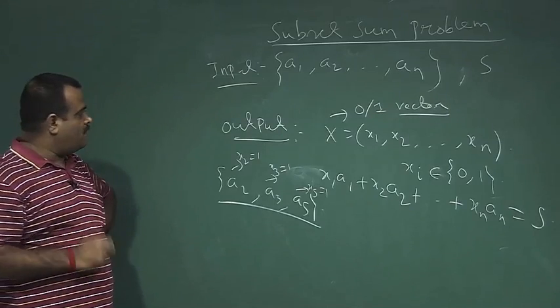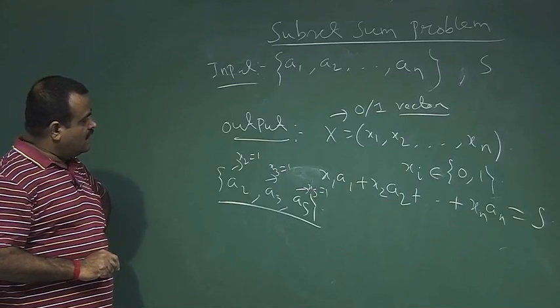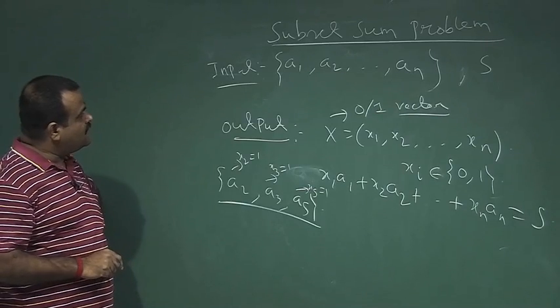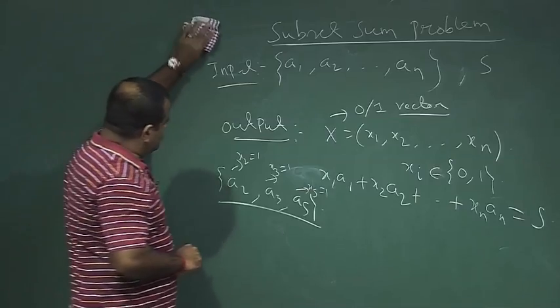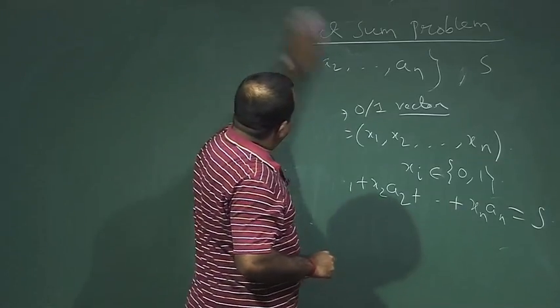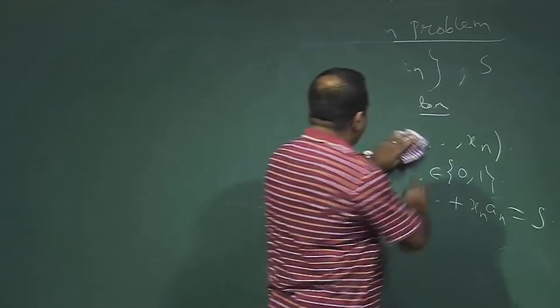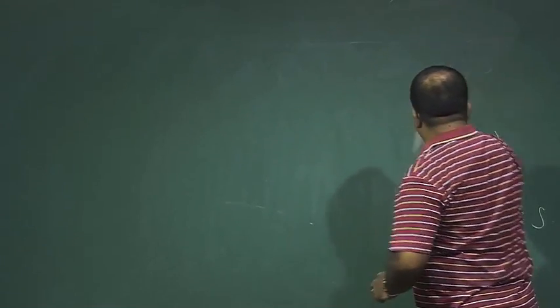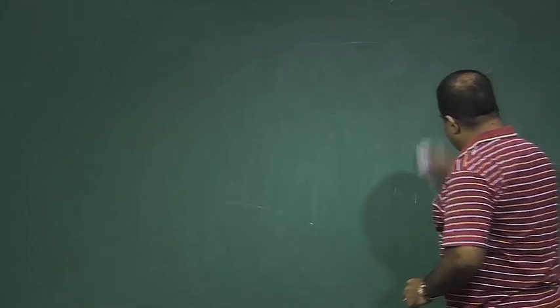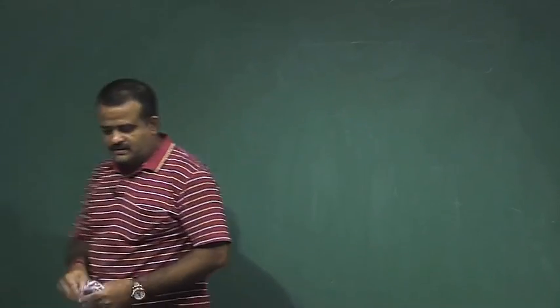Now how can we make it a computationally feasible problem? If we take the input in a super increasing way, if our AIs are a super increasing sequence, then this problem may be feasible.